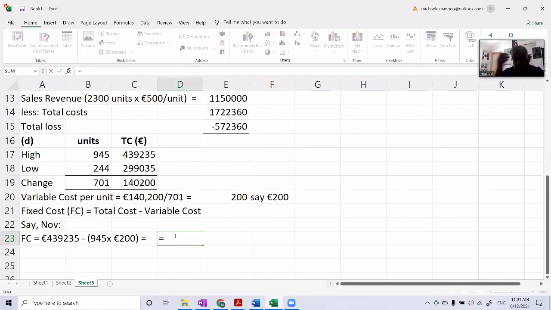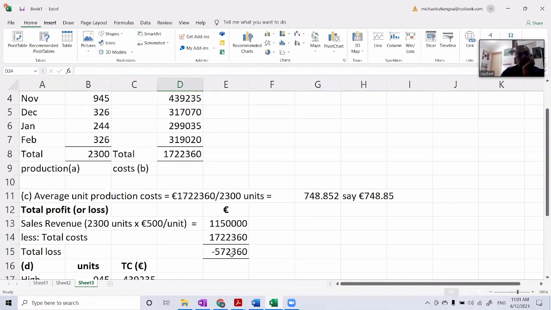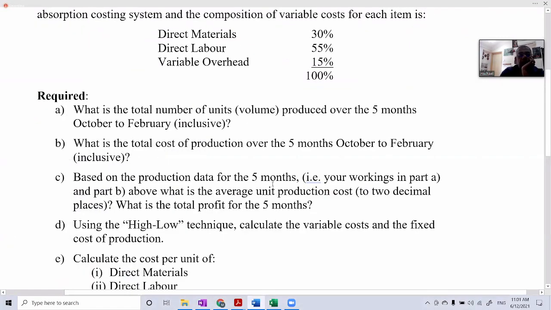Actually, it should be the same. I don't know why it's different. It should be the same. Yeah. Fixed cost.